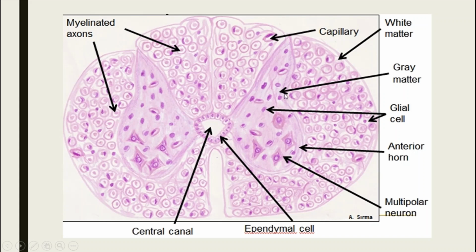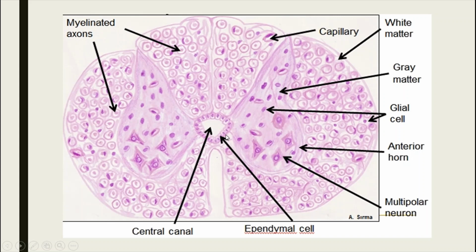Here in the grey matter we can see the dorsal or posterior horn and the ventral or anterior horn. In the ventral horn we can draw the bipolar or multipolar neurons. And there are small glial cells, neuroglial cells, you can draw here. And so this is the grey matter.